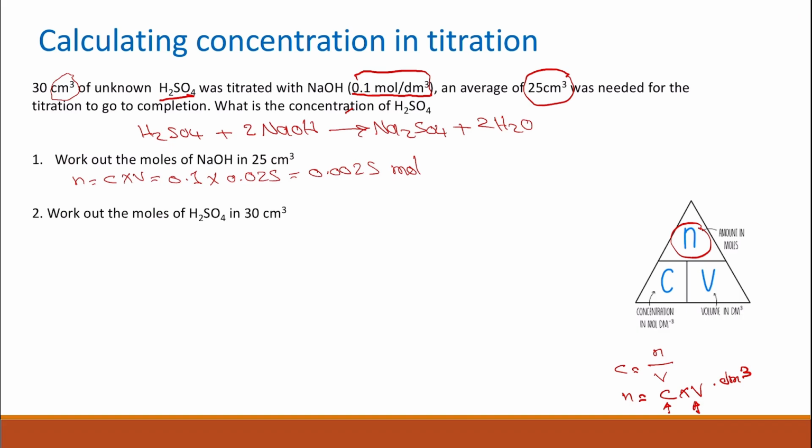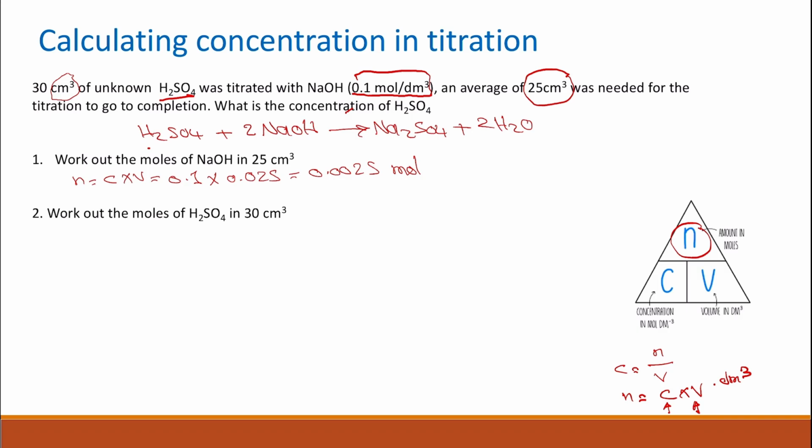When we look at the balanced equation, we find that 1 mole of sulfuric acid reacts with 2 moles of sodium hydroxide. That means the number of moles of sulfuric acid equals half the number of moles of sodium hydroxide at the end point, or at the completion, when the reaction is completed.